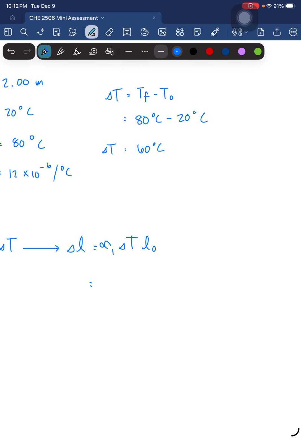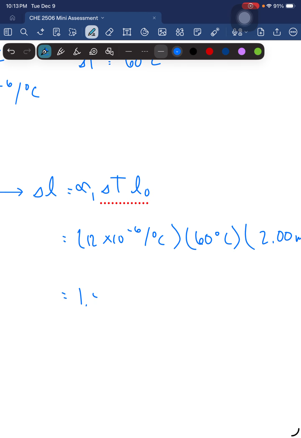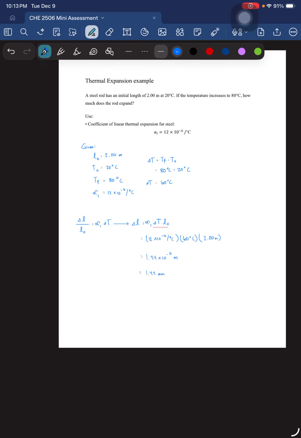So we got 12 times 10 to the negative 6 per degree Celsius, change in T is 60 degrees Celsius, and then our initial length, which was 2 meters. Solving all of that, we will get 1.44 times 10 to the power of negative 3 meters, or 1.44 millimeters.